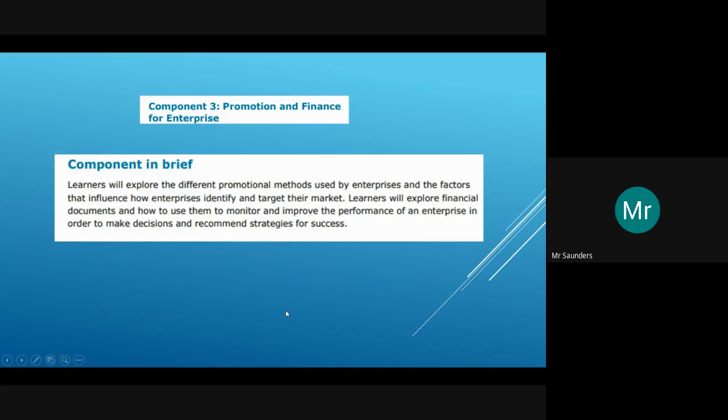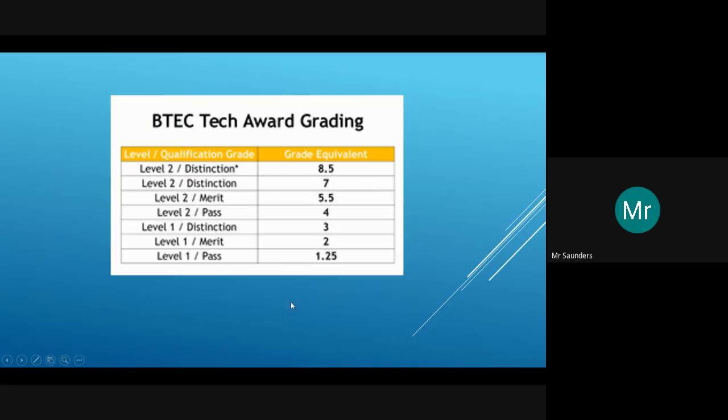In terms of the BTec, I think it's worth just mentioning how the gradings work. The table that you hopefully can see on the PowerPoint gives you an idea about GCSE equivalents in terms of what we're looking at. In terms of the BTec, you can take it at level 1 or level 2.